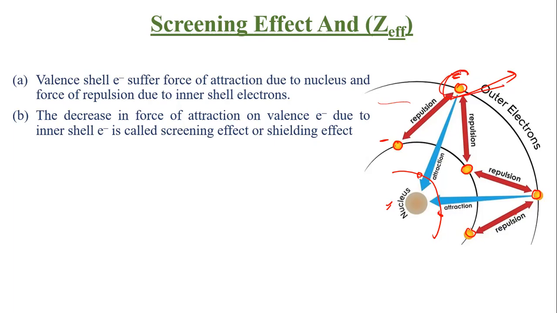Now coming to the electron part. Consider this as an atom. Now this electron will be removed easily. It means as the shielding effect increases, the ionization energy decreases. So the shielding effect is inversely proportional to ionization energy.